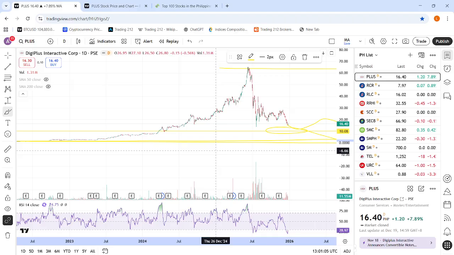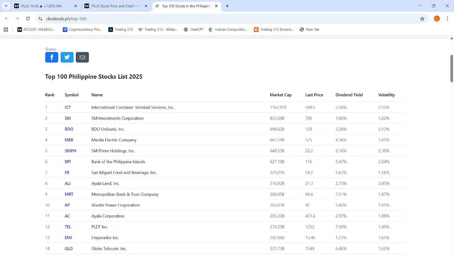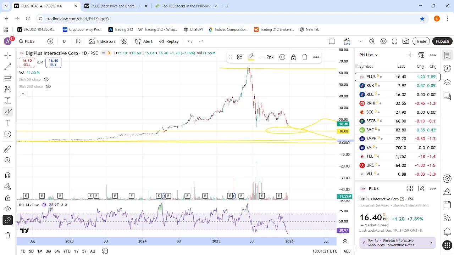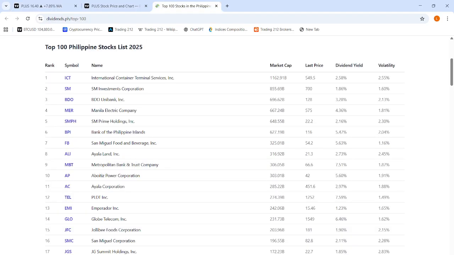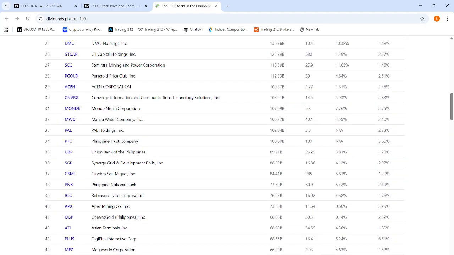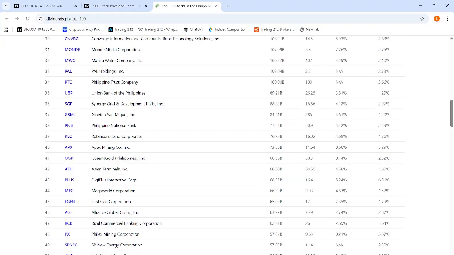Okay, so I hope that this is helpful to you, and we'll also check in the top 100 stocks in the Philippines where we could see DigiPlus in the rankings. Okay, so here, DigiPlus.